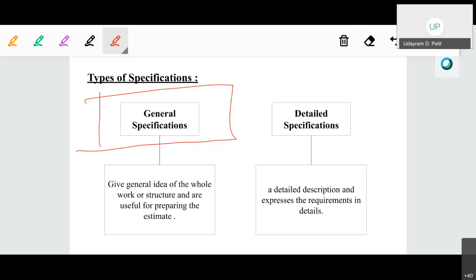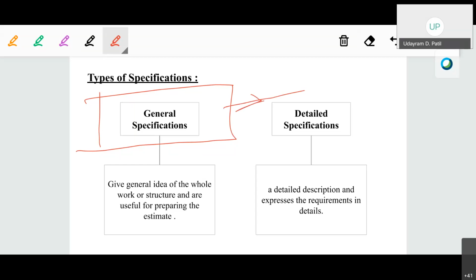Again, the mixing will be shown as only manual mixing or mechanical mixing. In case of mechanical mixing, what type of mixer you will use, whether it is a pan mixer, tilting mixer or non-tilting mixer, that information will not be given or considered. So such various points will be dropped in case of the general specification.